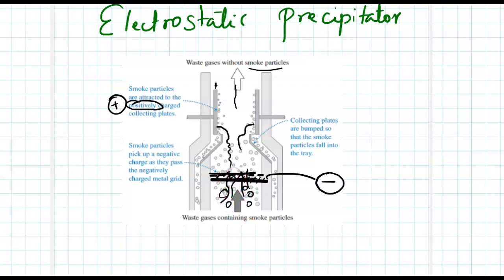When it touches the mesh here, it becomes negatively charged because we have connected the negative terminal of the battery here, and the positive terminal of the battery to the plates. So what happens? The smoke particles are attracted, and the waste gas will go outside.